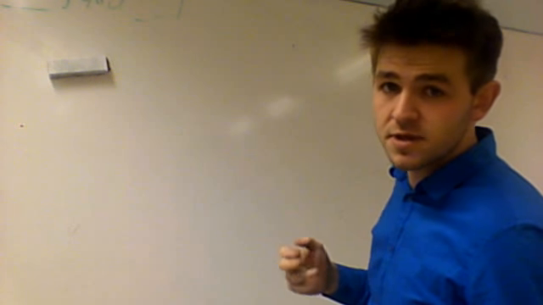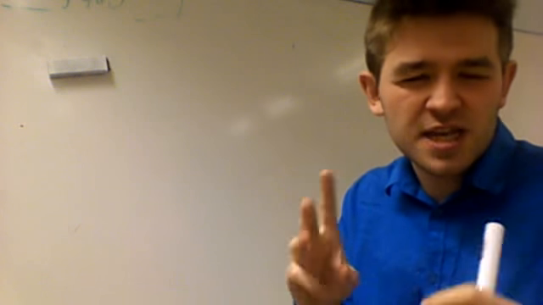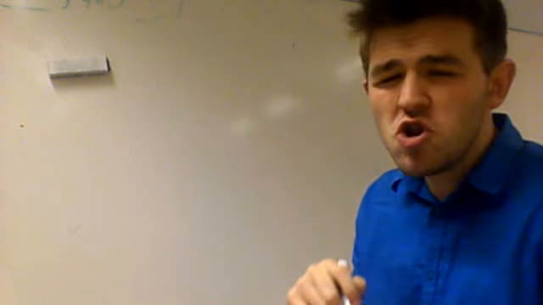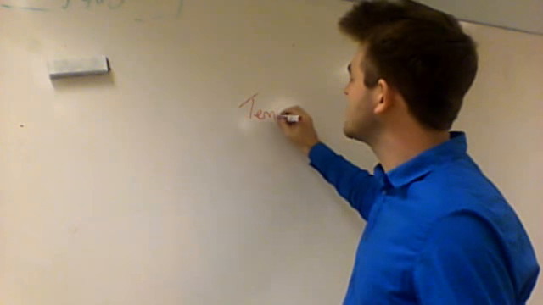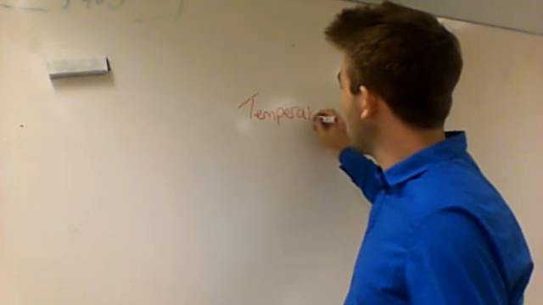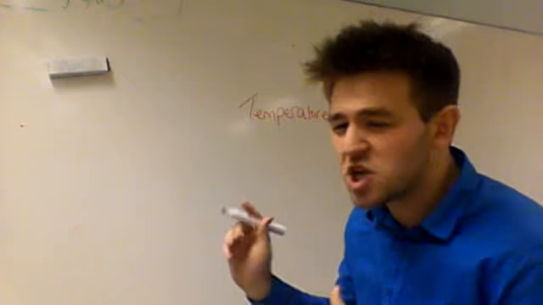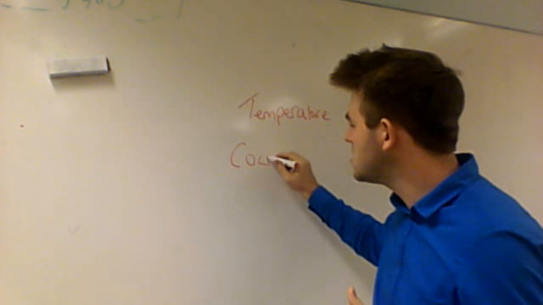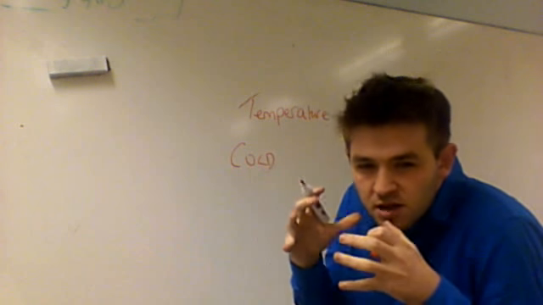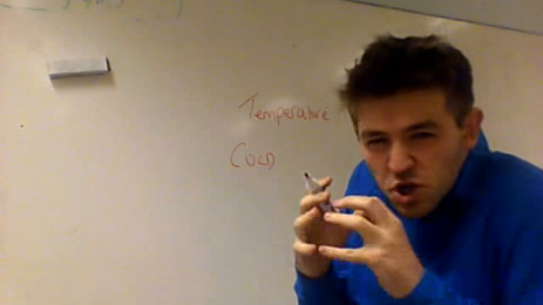So, today, what I'm going to talk about is 3 different science ideas. You know about temperature. You know about what happens when it's really cold. Because when it's cold, there's not much energy. They move slowly.